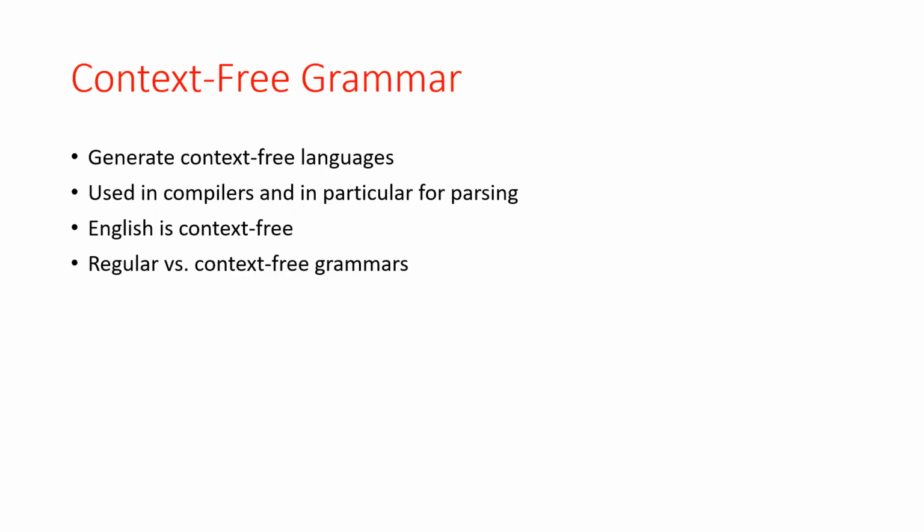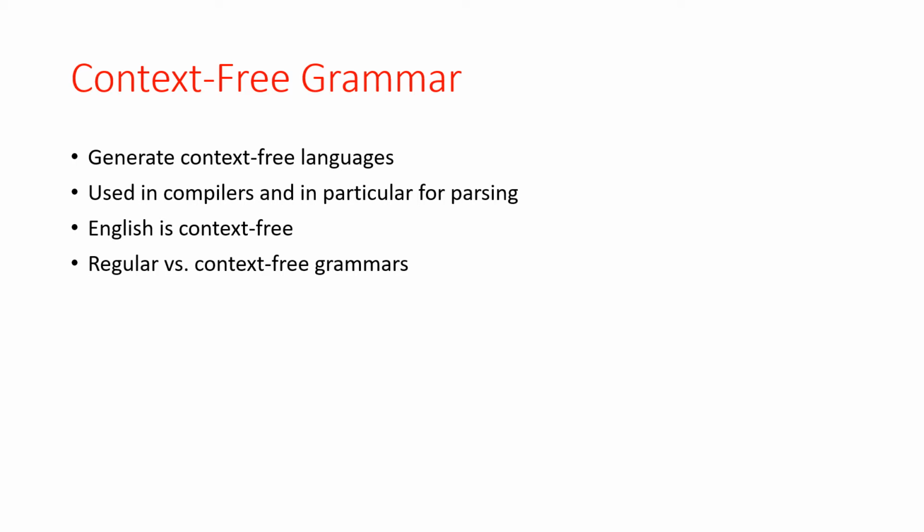Context-free grammars can generate context-free languages. They do this by taking a set of variables which are defined recursively in terms of one another by a set of production rules. Context-free grammars are named as such because any of the production rules in the grammar can be applied regardless of context. It does not depend on any other symbols that may or may not be around a given symbol that is having a rule applied to it.